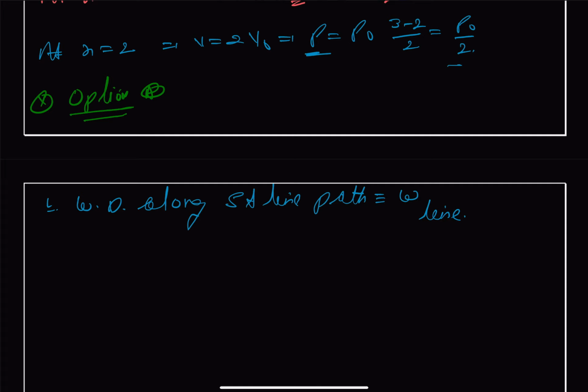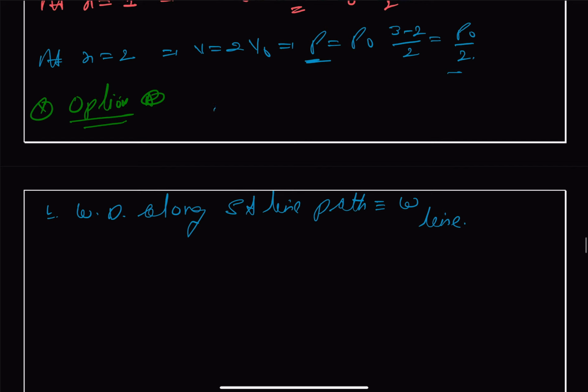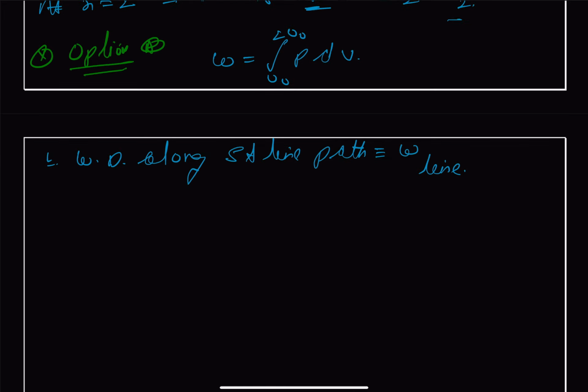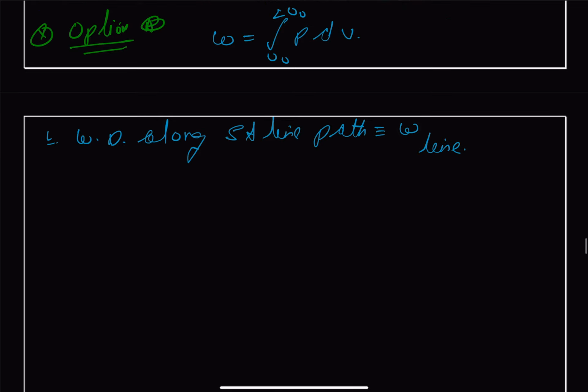Work done by the gas, the standard formula is W equal to the integral from V naught to twice V naught of P dV. We already know P, so we substitute it.